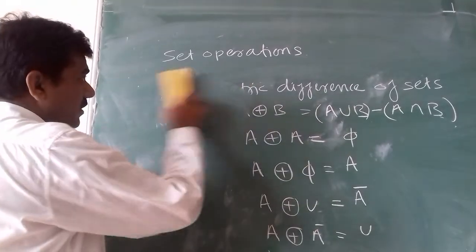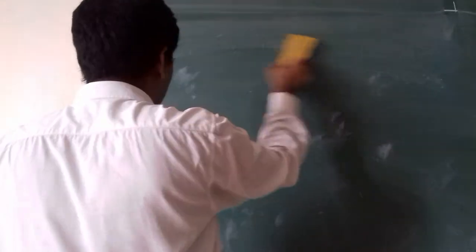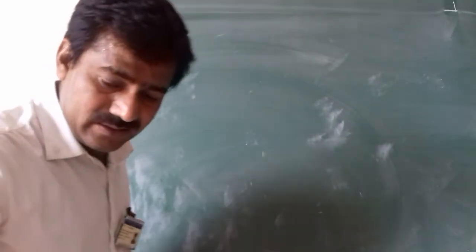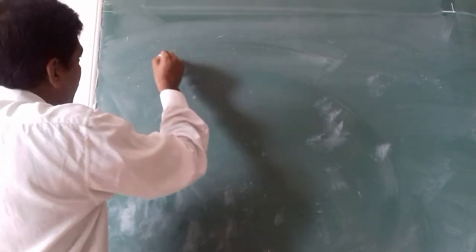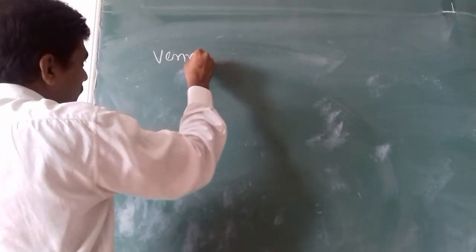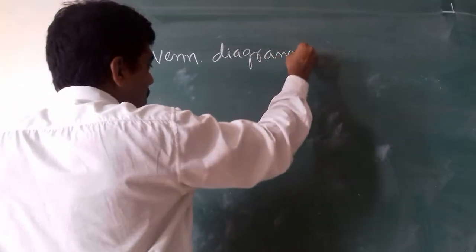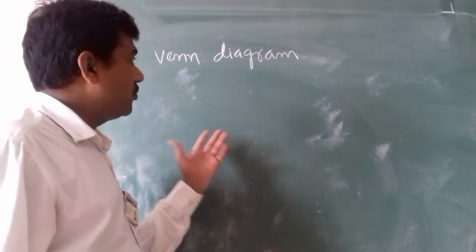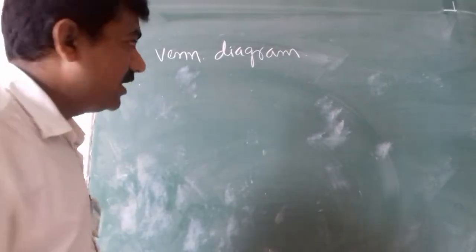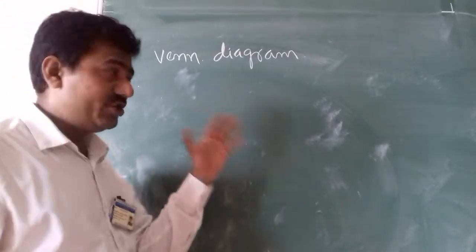Now next you will see the Venn diagram, that is the representation of the sets. This Venn diagram was invented by John Venn, a British logician and mathematician, who developed these Venn diagrams.